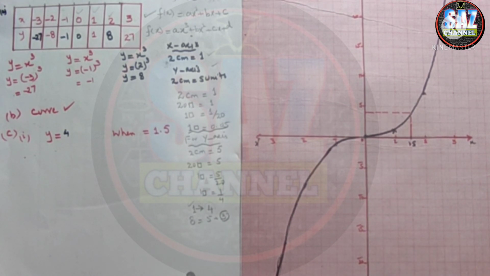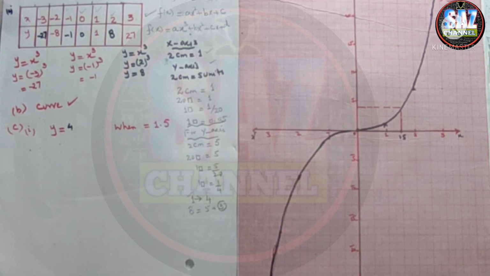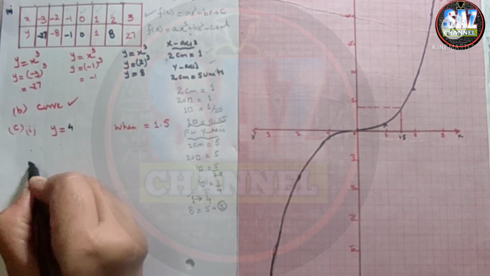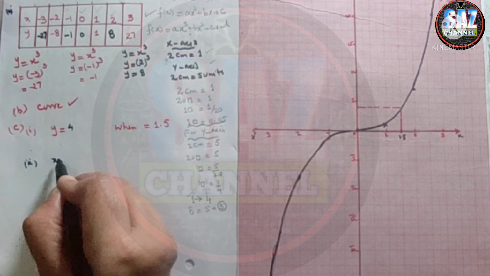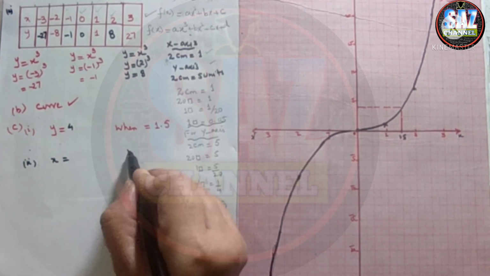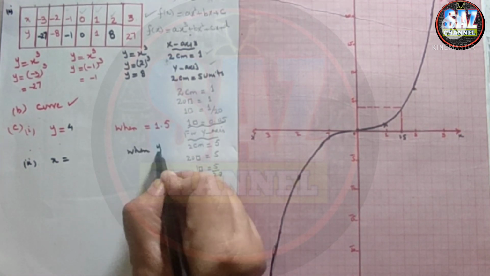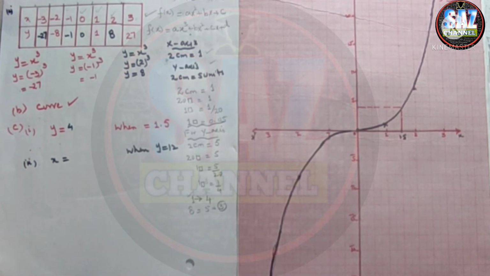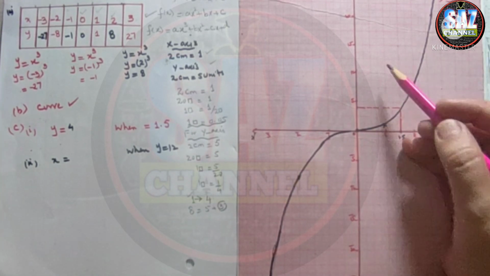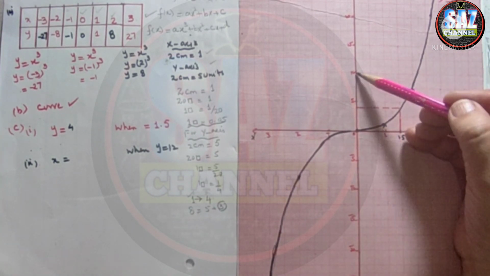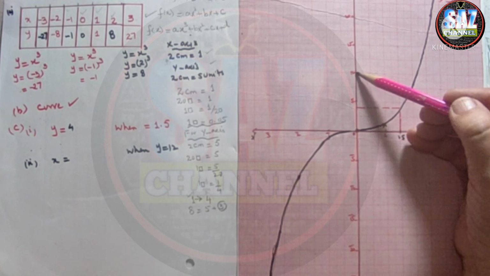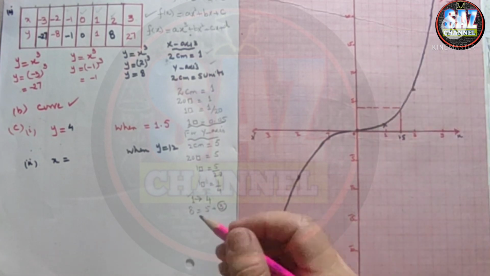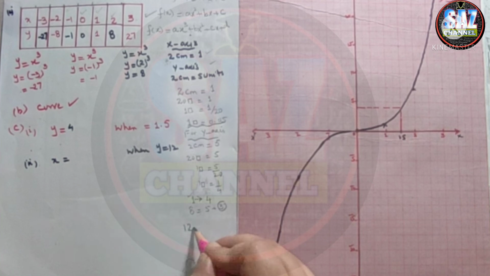Okay, and then the second part is, then we have to find x when y is 12, x when y equals 12. So first of all reach y equals 12. So for y equals 12, after 10, 12 is 10 plus 2.